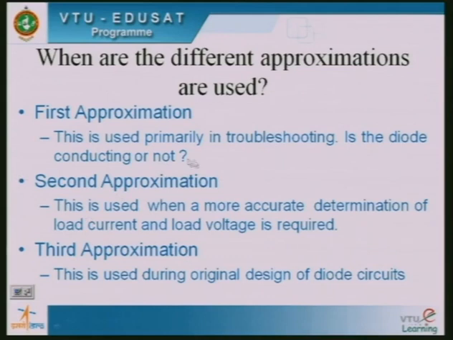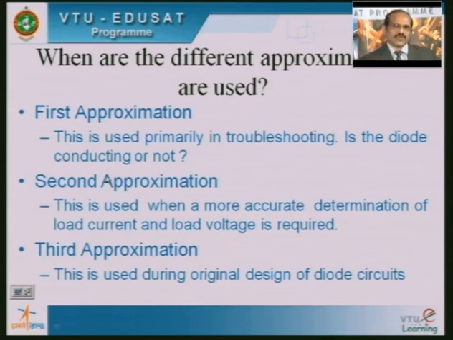Whereas in the second approximation, as we have seen, the diode is represented by either an open switch or a closed switch in series with a 0.7 volts barrier potential. Whenever the diode is forward bias, it is represented by the closed switch in series with the 0.7 volts barrier potential.